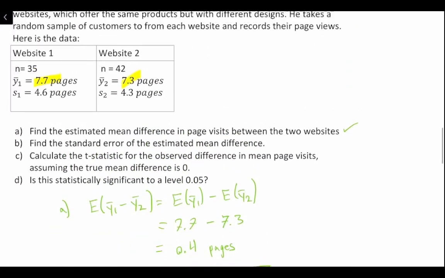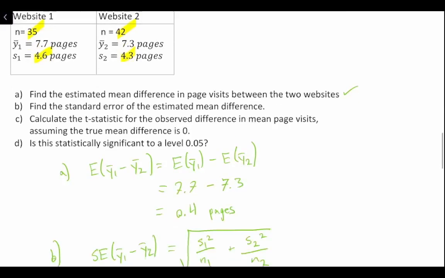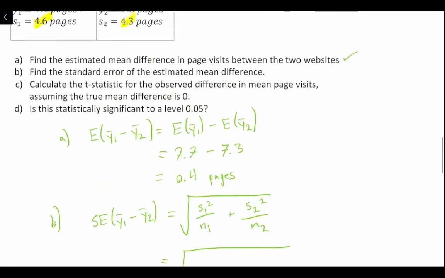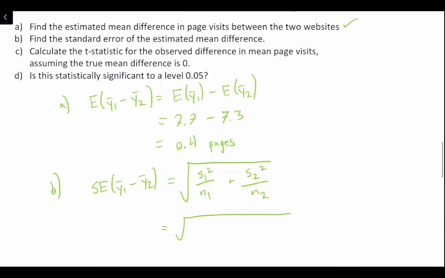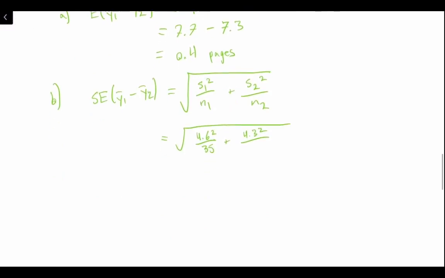So we have standard deviations of 4.6 and 4.3, and 35 and 42 are our sample sizes respectively. So 4.6 squared divided by 35 plus 4.3 squared divided by 42.